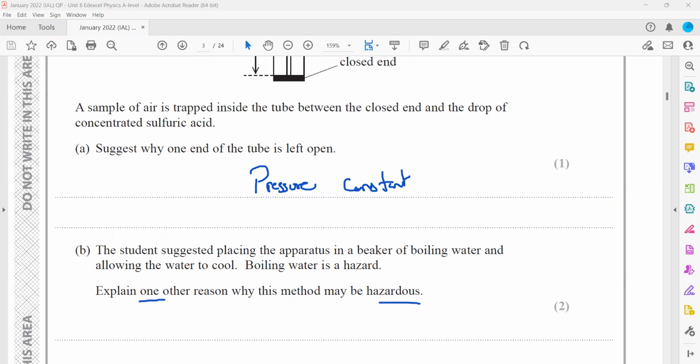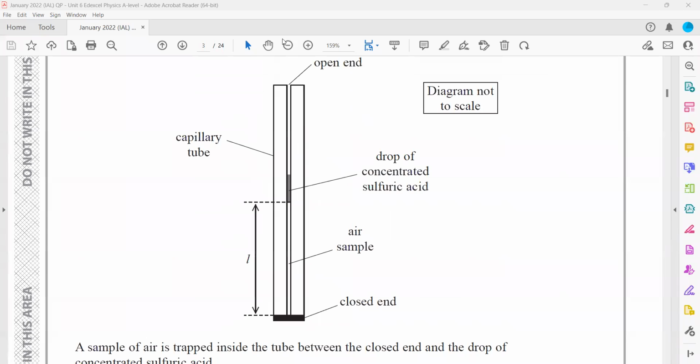What might be a reason if we place this apparatus in boiling water and then allow it to cool? As a result, what will happen? When we place this apparatus in boiling water, the air in the column will expand rapidly.